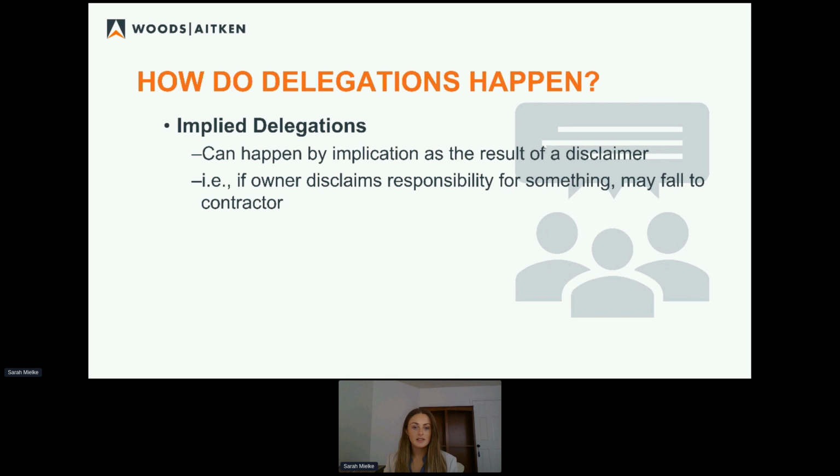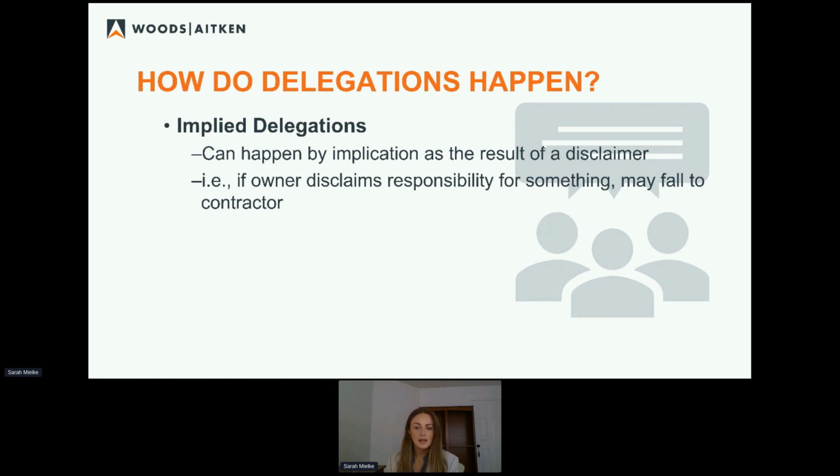A heavy way that this happens is design defect discovery. If those are disclaimed, somebody has to be responsible for it. The main thing to note, even though in a situation like this, it won't always be black and white. So even though the owner won't always implicitly impose design liability on a contractor or subcontractor, it can happen.